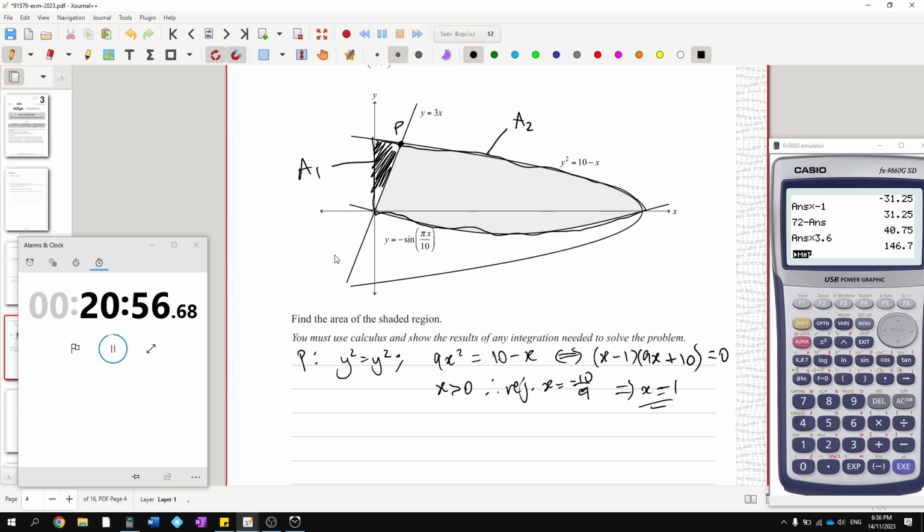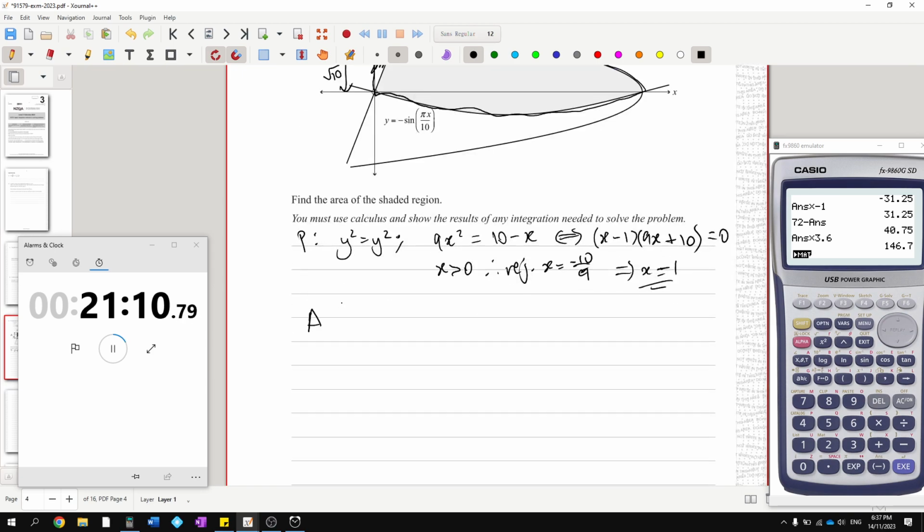So this distance here, if we think about it, x is 0, y squared is 10, so that's square root 10. And then that distance there is just 1. So A1 equals half base height, which would just be half square root 10.